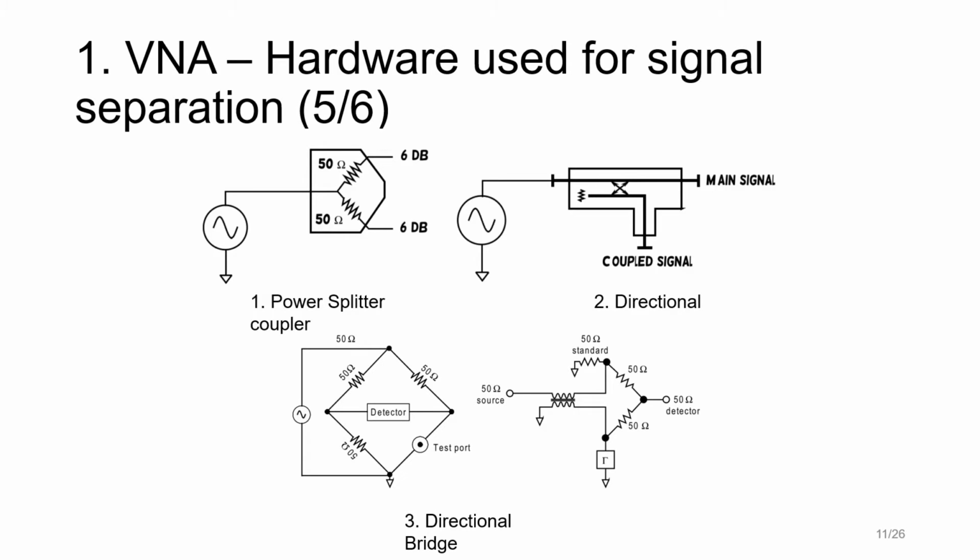And when we are talking about function 2, which is the task of separating the reflected wave from the incident plus reflected wave that we see at port 1, and measuring how much power is there in the reflected wave, we can either make use of a directional coupler or we can make use of directional bridges.